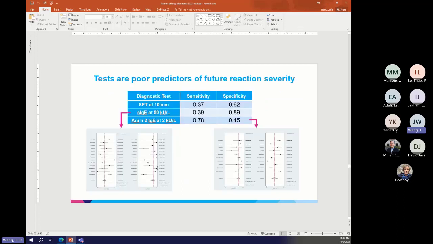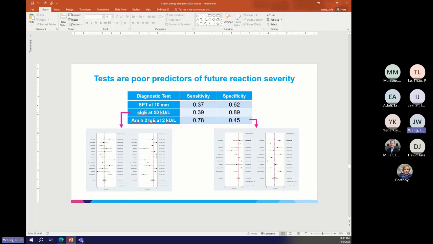But in looking at the data about severity, we see that the tests are poor predictors of future reaction severity. Based on the data available, the tests were looked at for skin tests at 10 millimeters, the whole peanut IgE level at 50 kilounits, and then an RH2 IgE at 2 kilounits.